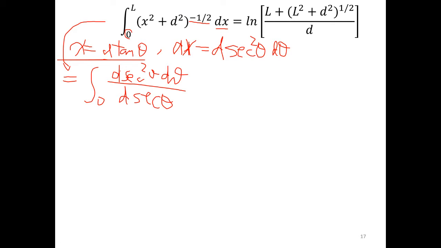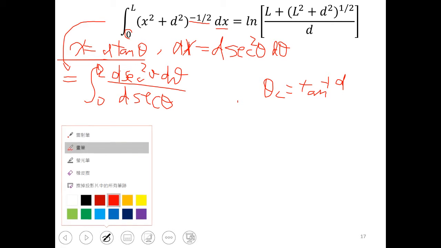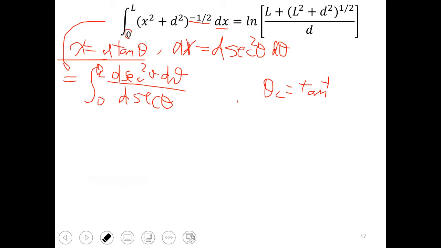And if we substitute L, theta L is arctangent of L over d.